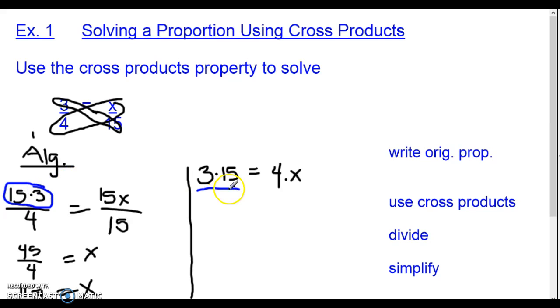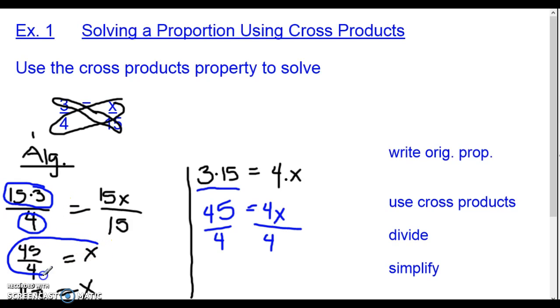And then what we're going to do is 3 times 15 will equal 45 equals 4x. And now we're going to divide both sides by 4 to get x by itself. And you can see that that would be right here. Now you're dividing by 4. And that would give you your answer. So then you get x equals 11 and 1/4.